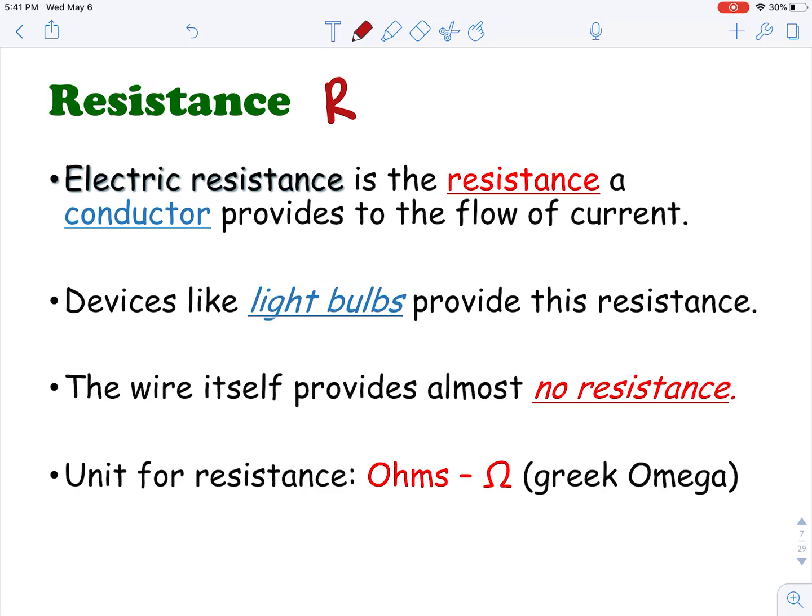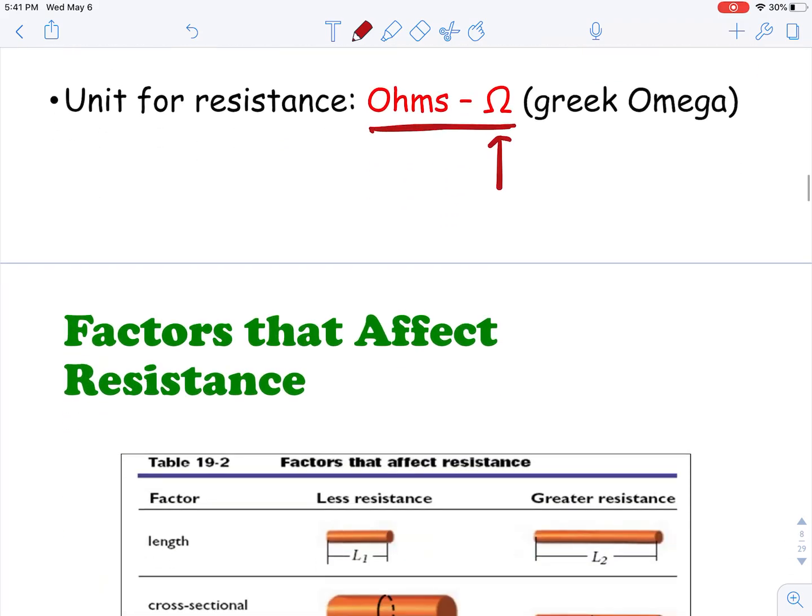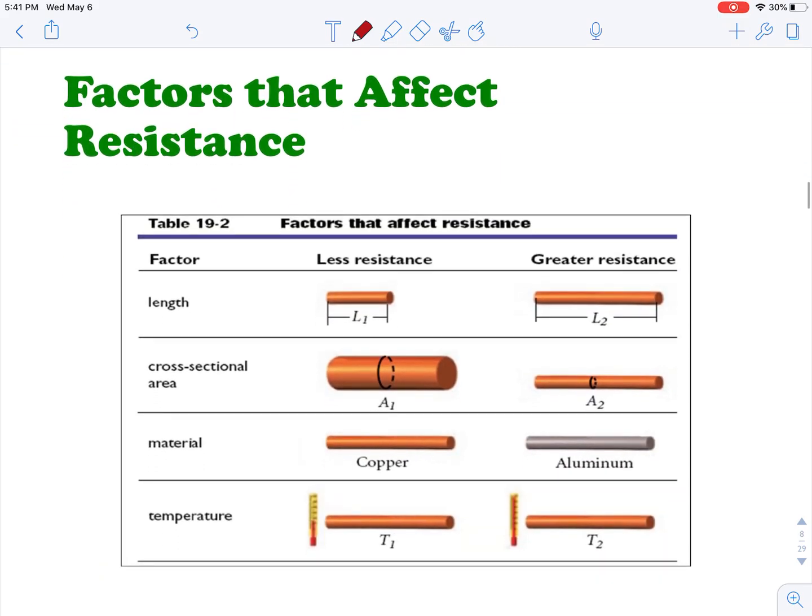Even the wire will have a teeny tiny amount of resistance, but for this class, we are going to assume it's so small, we are going to ignore it. But anything that uses energy, even a little, provides resistance, and that resistance is measured in ohms, the symbol for which is this little horseshoe symbol. So if all three of these things are present, we will have a circuit.